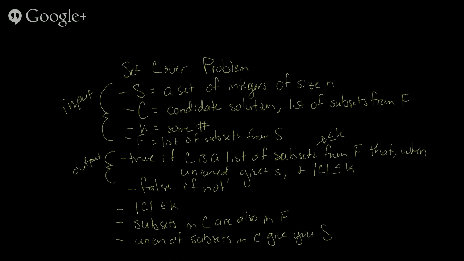We're just talking about a list of integers. And so that should make it a little bit easier to think about how to check for these things. So when you're checking, for example, the union of subsets in C should give you S, you just need to make sure that for every integer in S, it is somewhere as well in C, right? So after you've checked all this, you can check, is every integer in S also in C? And that will be a pretty easy way to see about number 3 here.